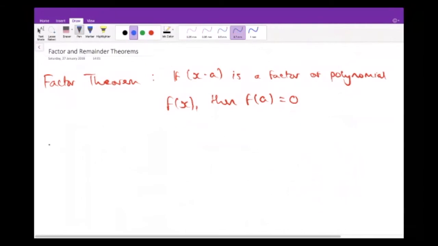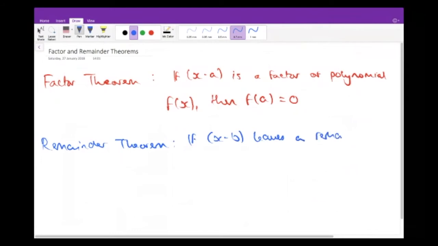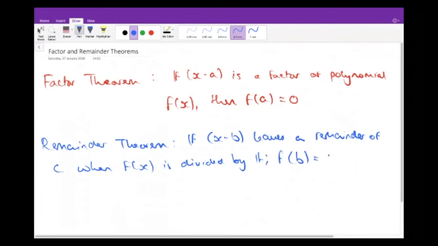And then the remainder theorem, of which the factor theorem is basically like a special case, says that if x minus b leaves a remainder of c when f of x is divided by it, then f of b equals c.